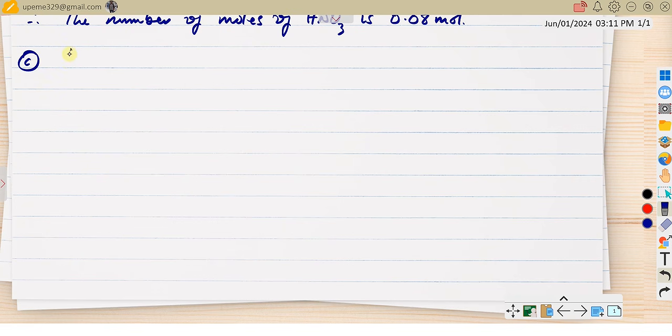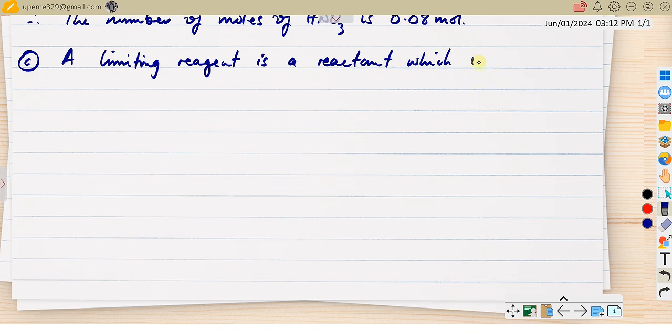So we are saying a limiting reagent is a reactant which is used up first in a chemical reaction.